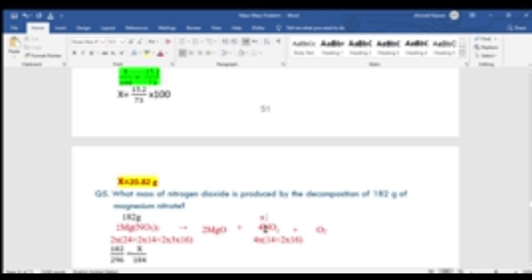And the total mass of nitrogen dioxide: 1 nitrogen 14 plus 2 oxygen, 2 times 16, is 46, times the coefficient 4, becomes 184. Therefore, for magnesium nitrate: magnesium 24, then nitrogen and oxygen inside the bracket multiplied by 2.